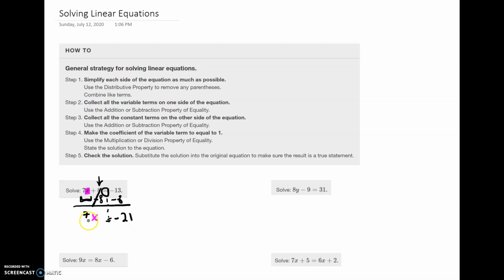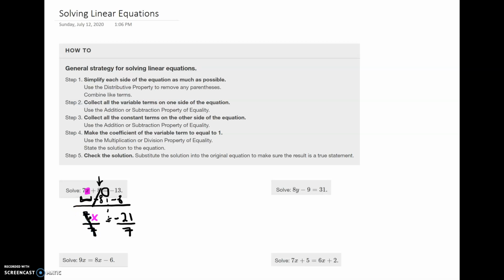Now, the operation between a coefficient and the variable is always multiplication, which means we need to undo the multiplication. We need to do a multiplicative inverse, which means the opposite of multiplication is division. So we're going to divide both sides by 7, which is going to cancel out.